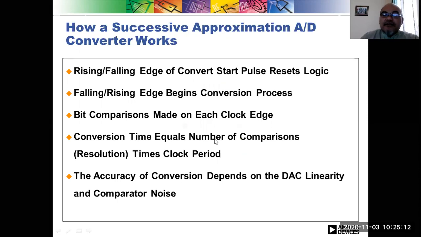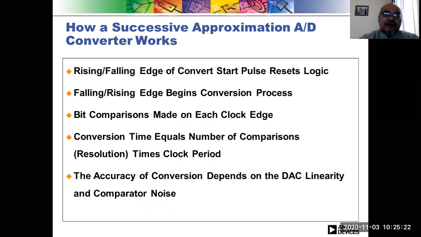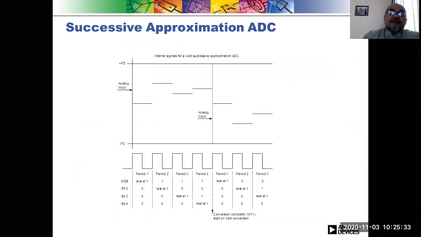Conversion time equals the number of comparisons, or resolution, times the clock period. So if you have 4 bits and your clock is, for example, 1 megahertz, it means one pulse is about 1 microsecond. The period of one pulse is 1 microsecond. It means that if you have 4 bits, then one single conversion will require 4 microseconds.